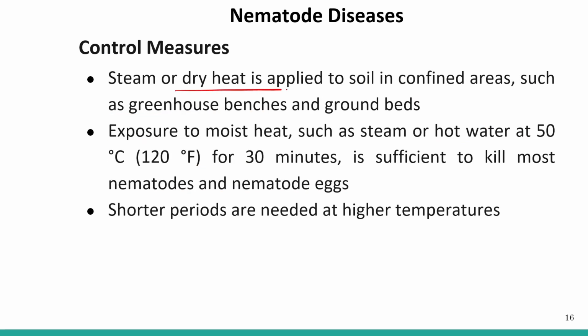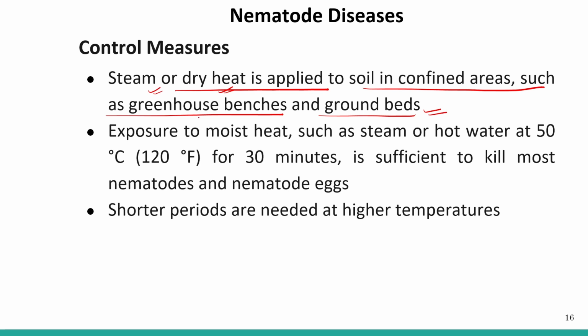Steam or dry heat is applied to the soil or in confined areas such as greenhouse benches and ground beds. So we can provide steam or dry heat to the soil of a confined area that we know is having lots of eggs or larvae of the nematodes.